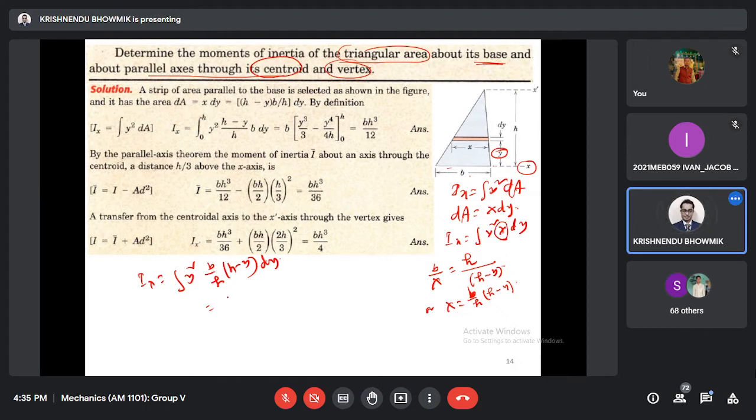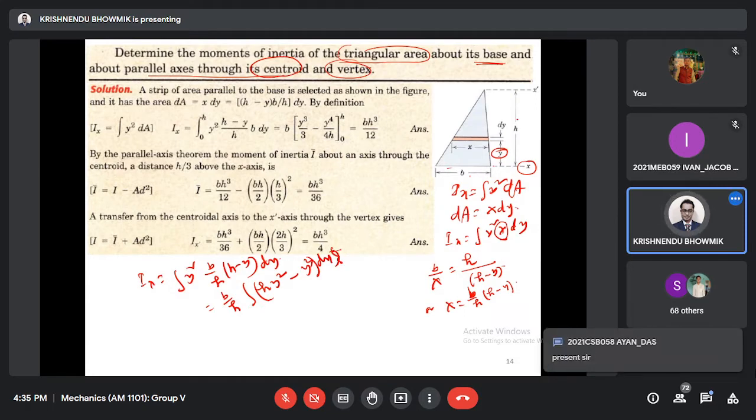So let it be b by h, then h y square minus y cube dy. We can write this way. Then integration in terms of y from 0 to h. You can do this integration.